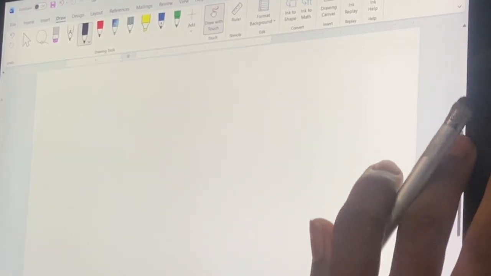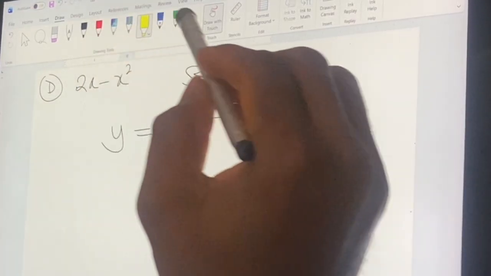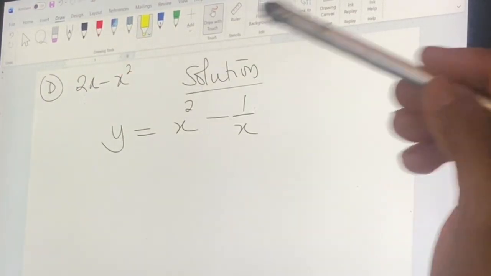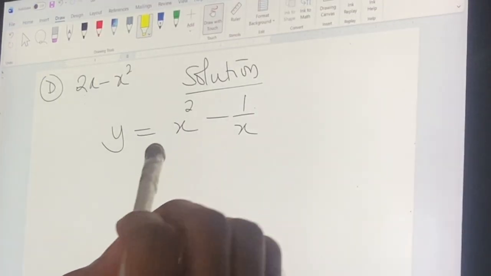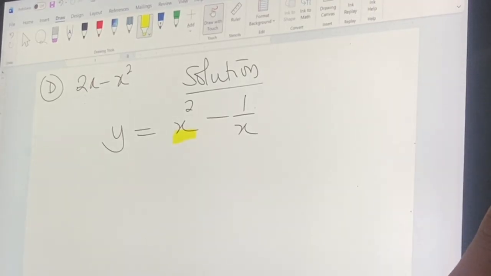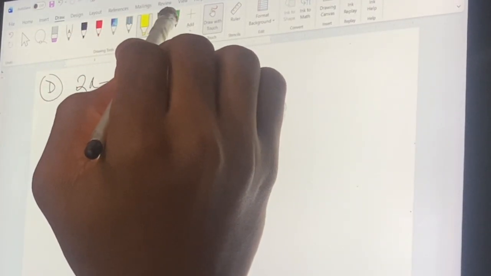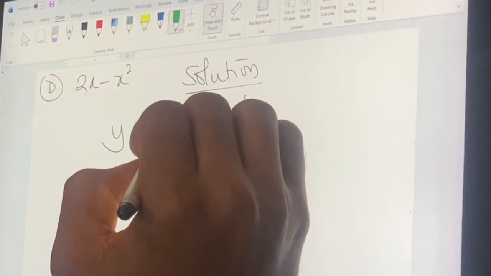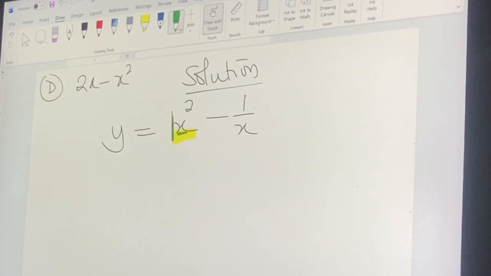Please take note. From this question, we have to identify each of the expressions with their respective function. So this is s squared, and this is a monomial function. Please take note. Why? Because every monomial function has one digit, a letter, and a power. So this is a monomial function.